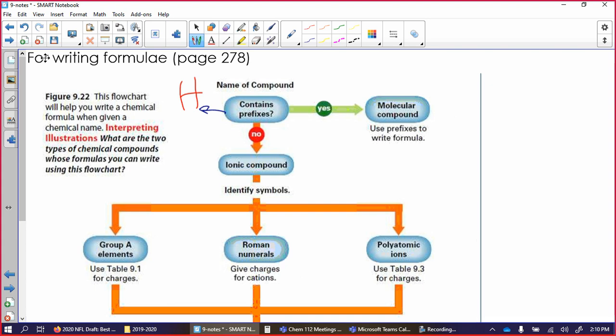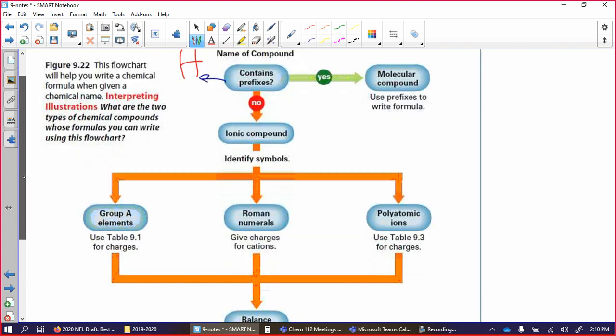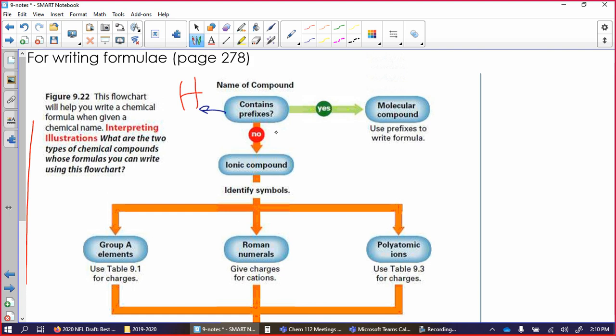Writing formulas. This one contains prefixes is the first thing to look for, even though this one ignores acids, which I'll mention in a second. Prefixes are one of the easiest ones to figure out.